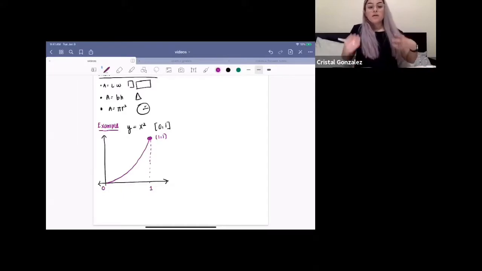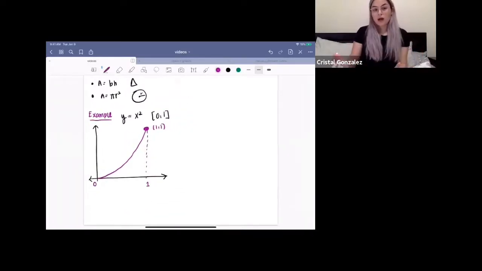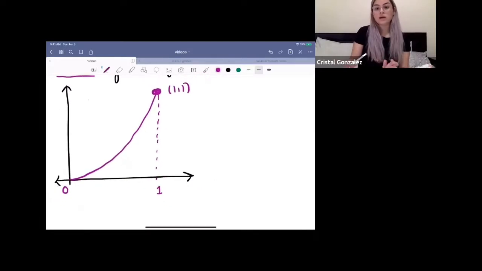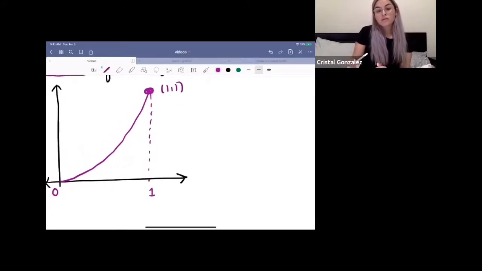So here's the thing. We want to find the area under this, but how do we do it? This shape is nothing like we've ever seen before. I mean, it looks like it kind of wants to be a triangle, but it's not. What we're going to do is break this shape up into intervals.